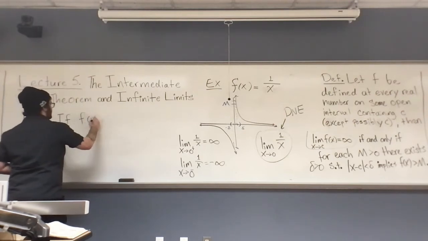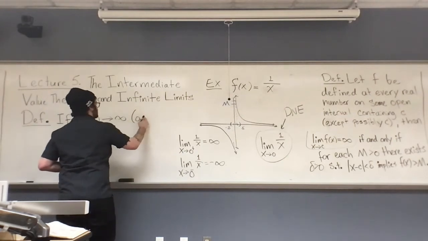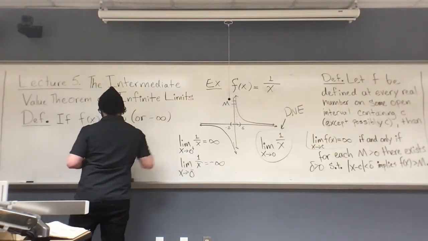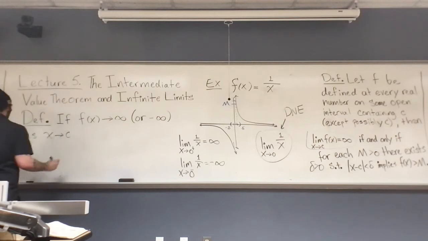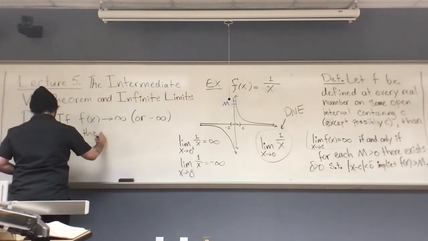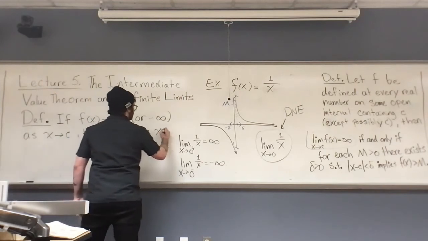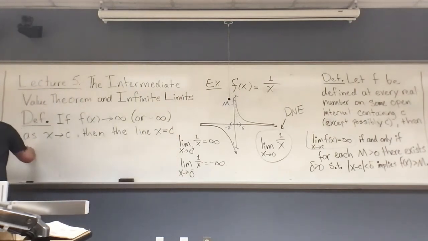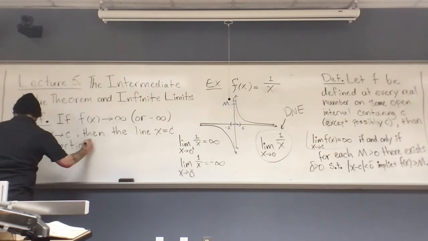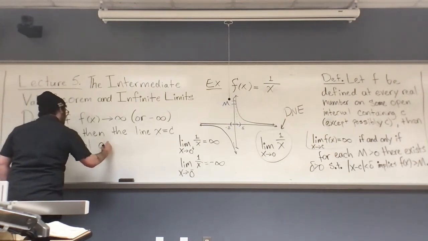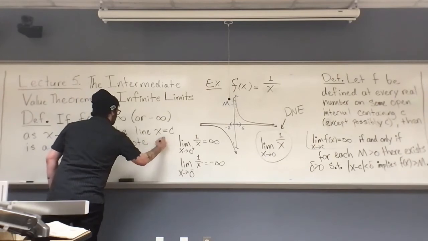If f of x approaches infinity or negative infinity as x approaches c, then the line x equals c is a vertical asymptote of the graph of f.